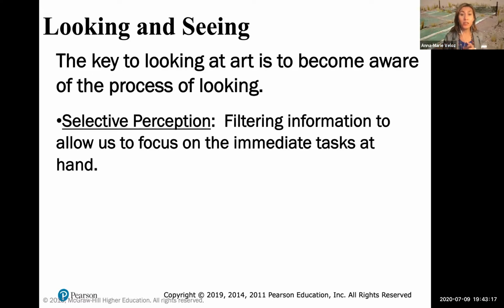So the key to looking at art is to become aware of the process of looking. Now we'll be looking at a lot of pieces and discussing it, so we'll spend a couple of minutes invested in understanding the form, the shape, the design, the content, what's the work about, and so forth. But also I want you as an individual to stop our busy days, our busy lives, and create something. Take a photograph.